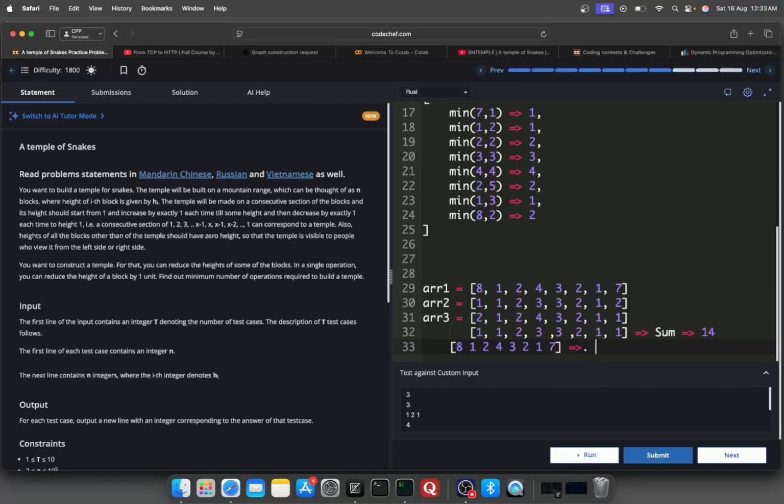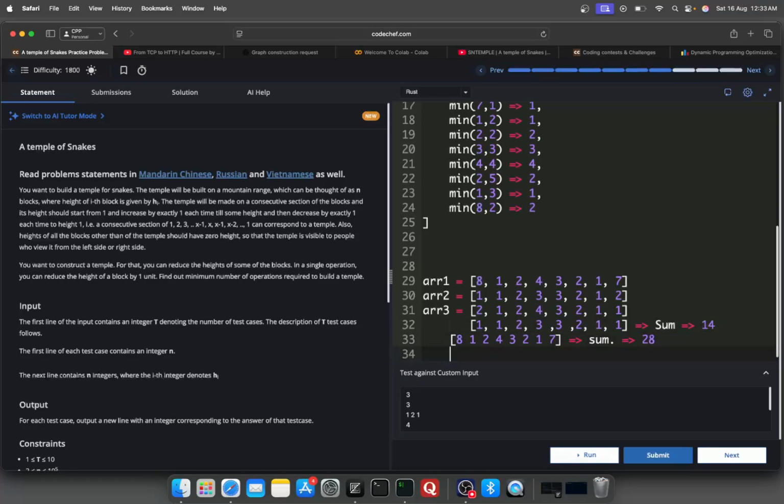So if we sum the entire given array, it will be 28, and from 28 to 14 we have to reduce 14 times. So 14 is our answer.